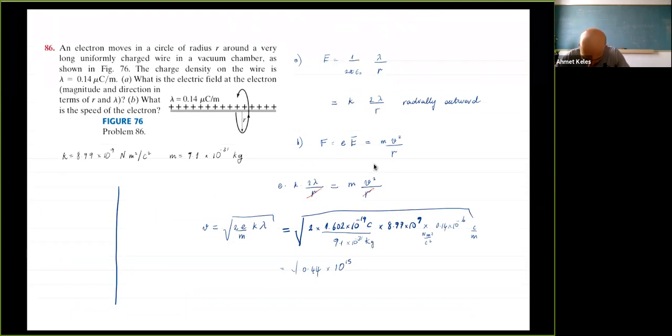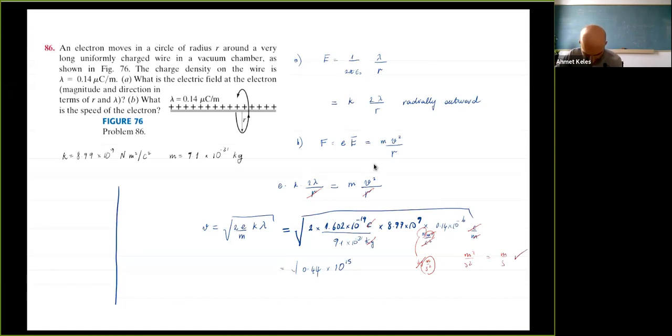So if we clean these things, I have Coulomb squared, Coulomb, meter here, and I want to write Newton as kilogram meter per second squared. So this kilogram cancels with this one. So this whole thing becomes meter per second squared times one more meter here, meter squared per second squared. If you take the square root, meter per second.